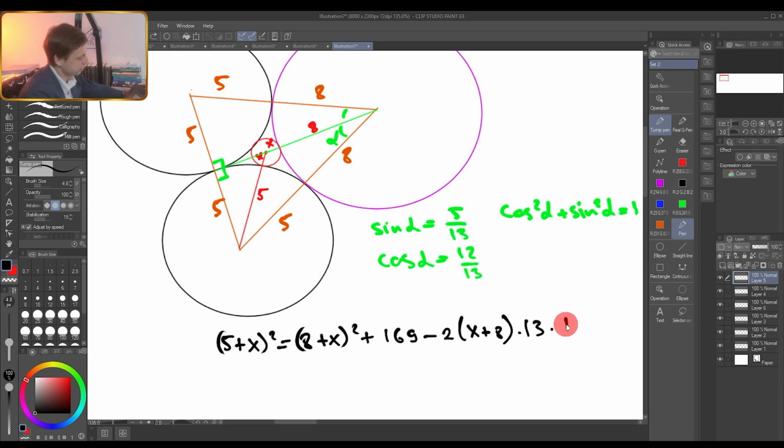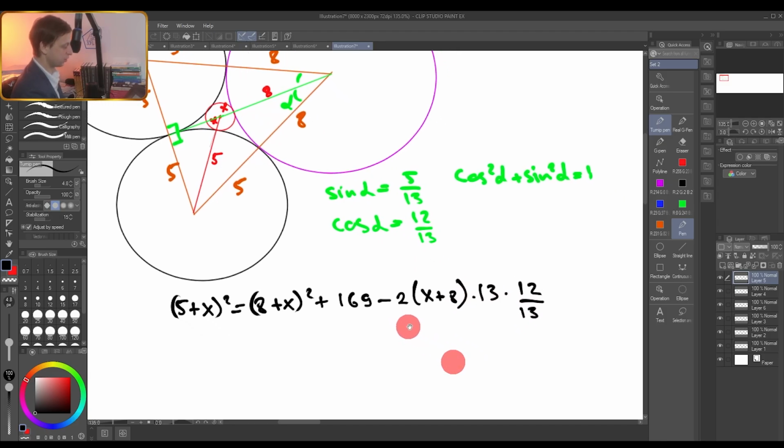So here we applied the cosine law: the square of this side is the sum of the squares of the other two minus double the product of these sides times cosine alpha. Great. So here we have that this 13 simply cancels out.